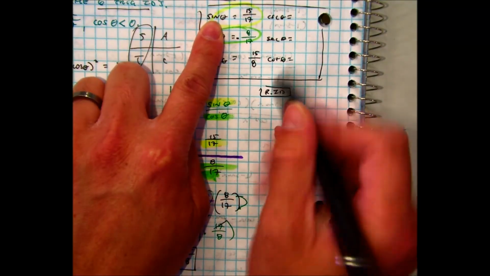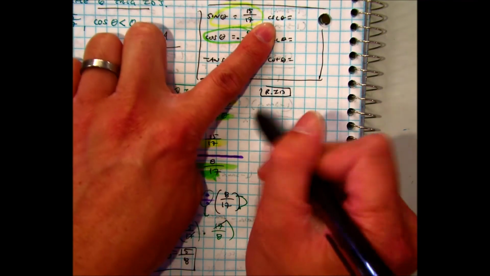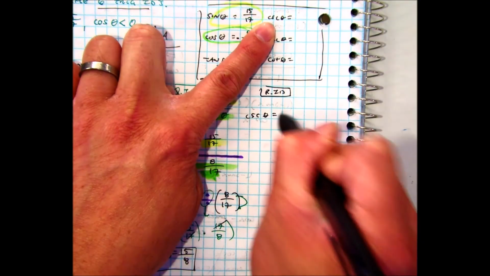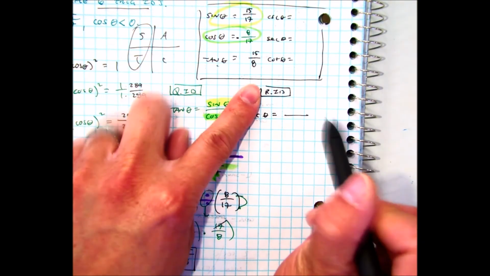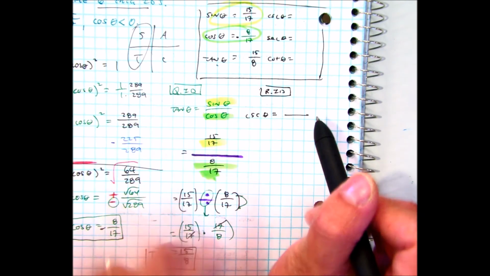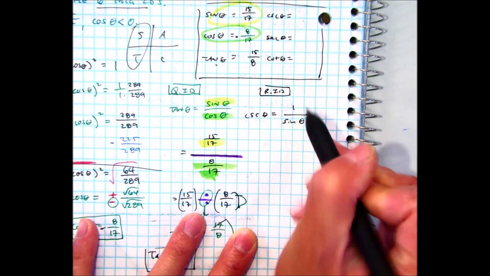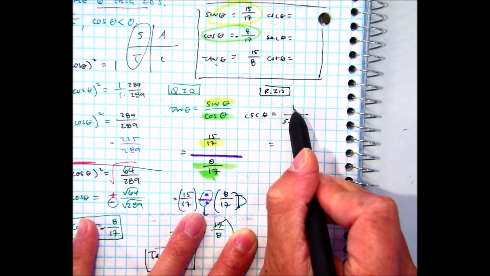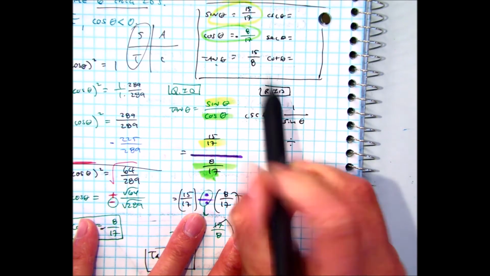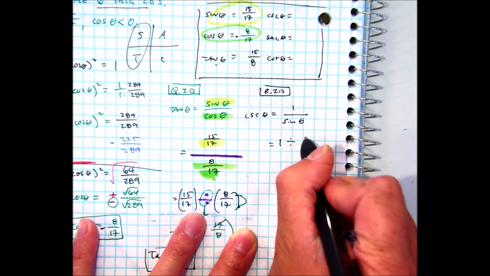So for sine, I want cosecant. Cosecant of theta equals what? Reciprocal identity. 1 over sine, yeah? So this would be 1 divided by sine, which is 15 over 17.